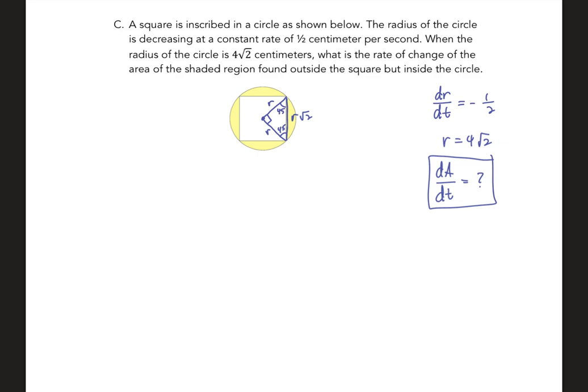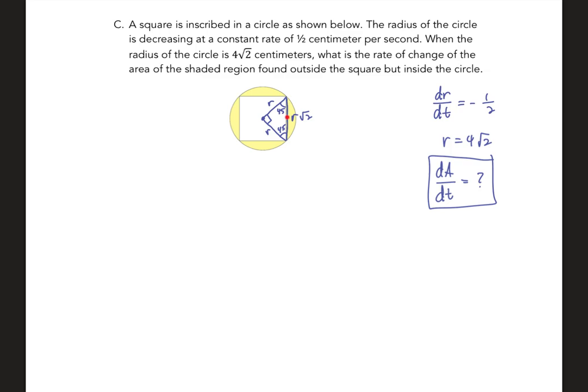Now, and I should have started here, we want to get the area of the shaded region by finding the area of the circle and then subtracting the area of the square. The area of the circle in terms of the radius is pi r squared.